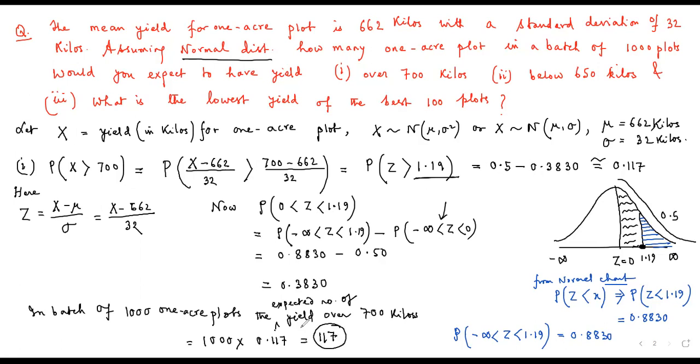So in 117 one acre plots, if you have 1,000 plots, the yield will be more than 700 kilos. So this is the way by which we can take the help of the normal curve.